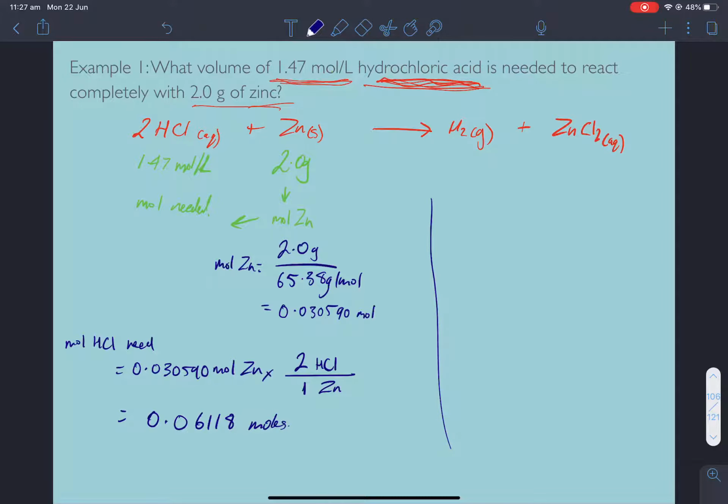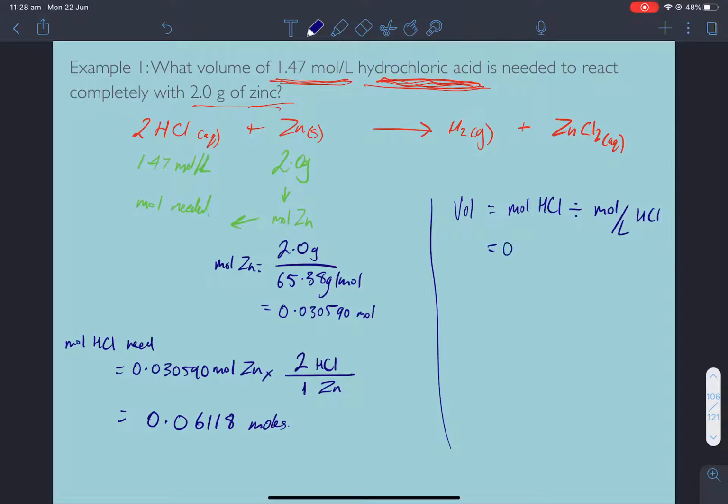Now it's asking for a volume of HCl. I might start over here. Volume of HCl is going to equal our moles of HCl divided by our moles per litre of HCl. So our concentration.